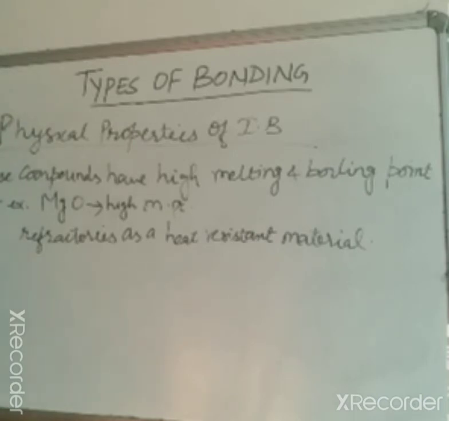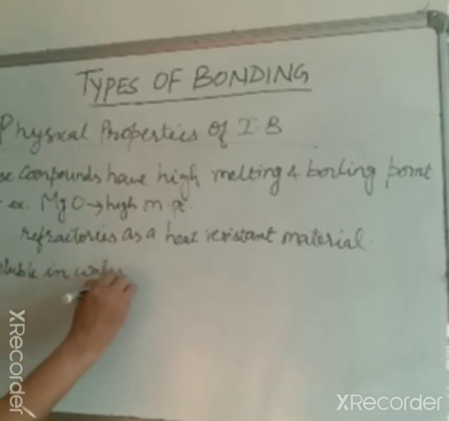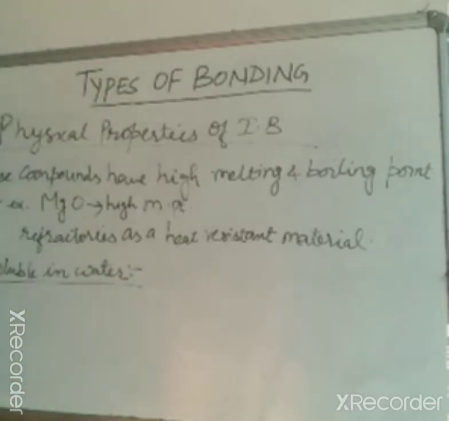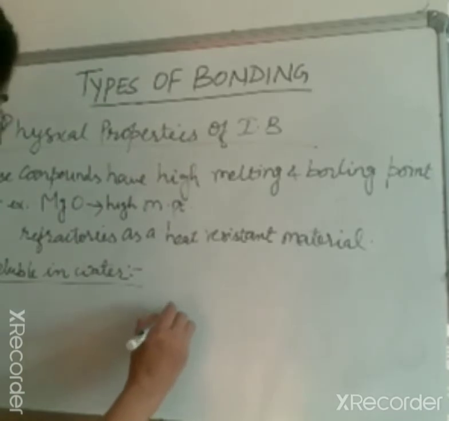The second physical property of ionic compounds is that they are soluble in water. How? Let there be two hydrogen atoms like this.